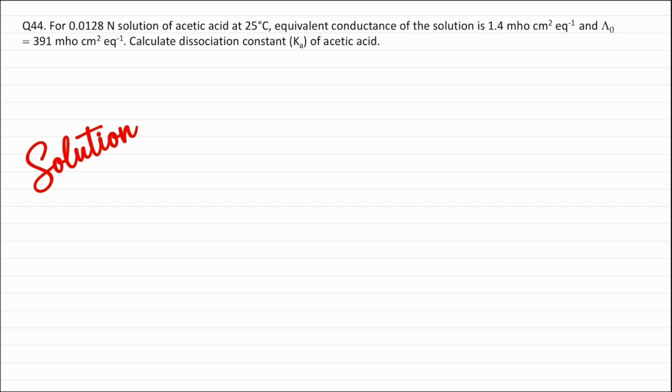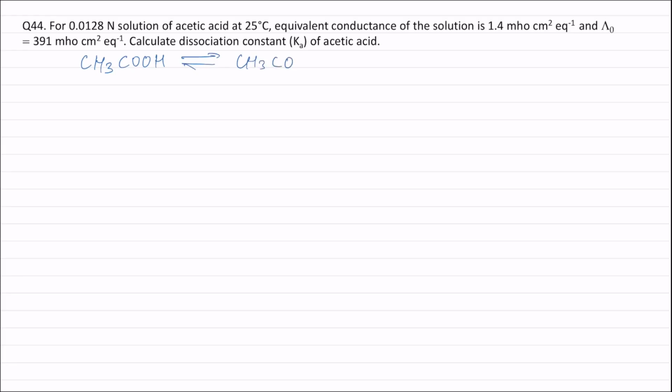The equation for the dissociation of acetic acid is CH3COOH dissociating into CH3COO minus ion and H plus ion. Let the degree of dissociation be alpha.